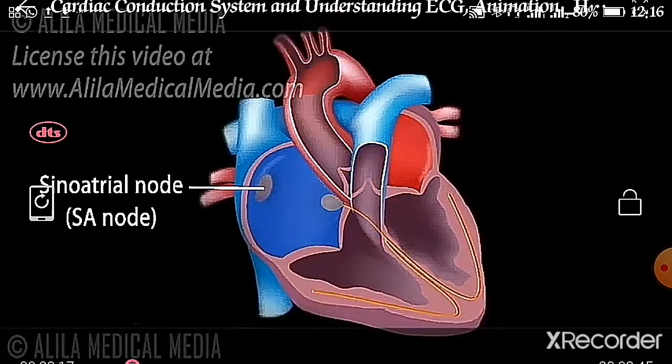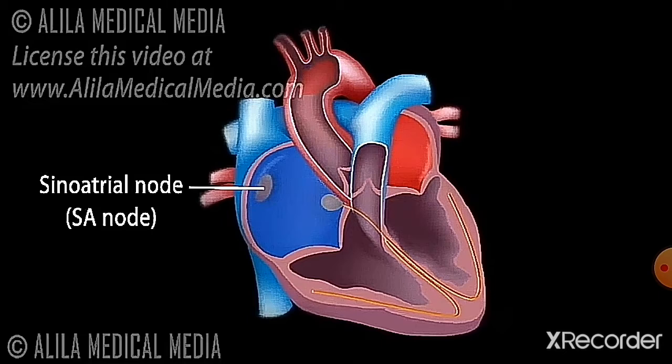Again here you can see, due to the electrical impulses, the spreading of the impulses occurs from the SA node from the right atrium to the left atrium simultaneously. At the same time, blood fills the atria.